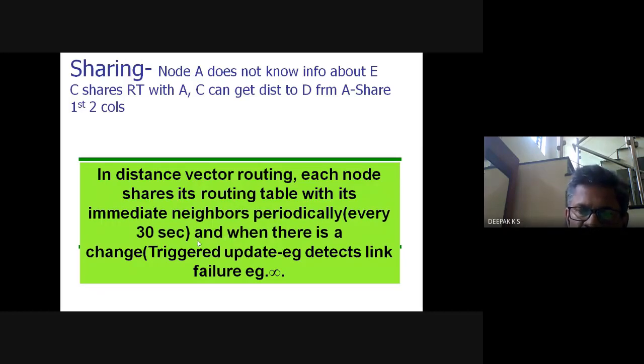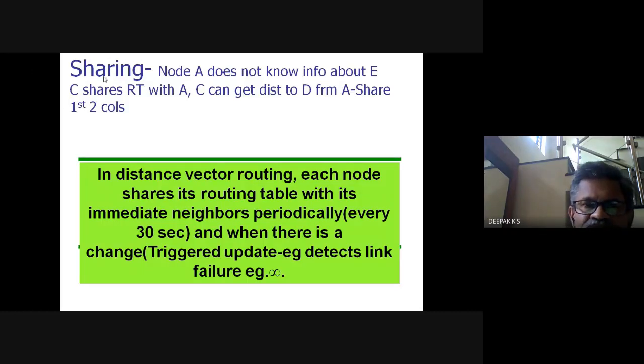So periodically, and when there is a change, say triggered update, some trigger occurs like it detects a link failure, in which case it becomes infinity. If link fails, the distance becomes infinity. So in that case, even if it is not periodic, on a triggered basis, it can update.